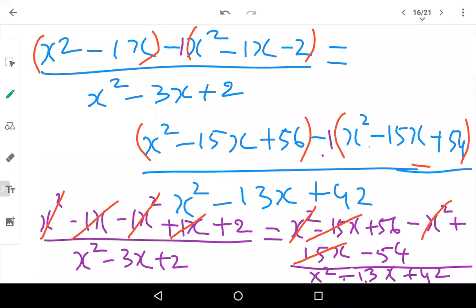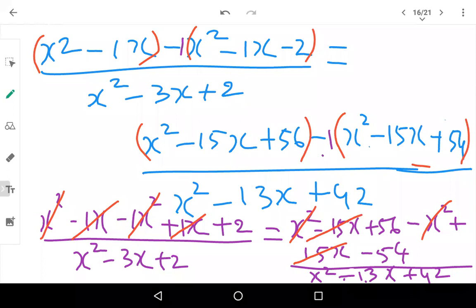If you get stuck somewhere, immediately try an alternate method, but don't get confused between signs. That is the major problem every student has. Plus into minus is minus, minus into plus is minus, minus into minus is plus, plus into plus is plus. That is the golden rule which you have to remember all the time.